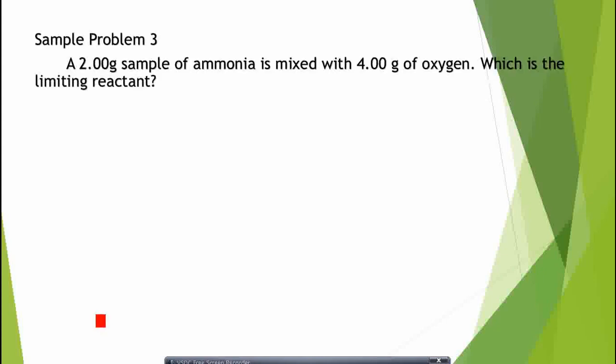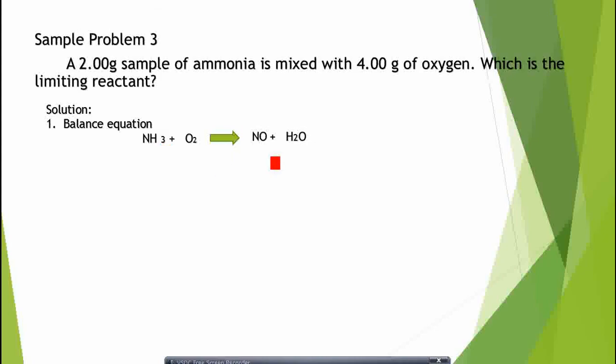Sample problem number 3. A 2 gram sample of ammonia is mixed with 4 grams of oxygen. Which is the limiting reactant? Okay, so let's have our solution. Let's balance the equation. We have ammonia and oxygen for the reactant, nitrogen oxide and water for the product. Nitrogen 1, nitrogen 1, balanced.